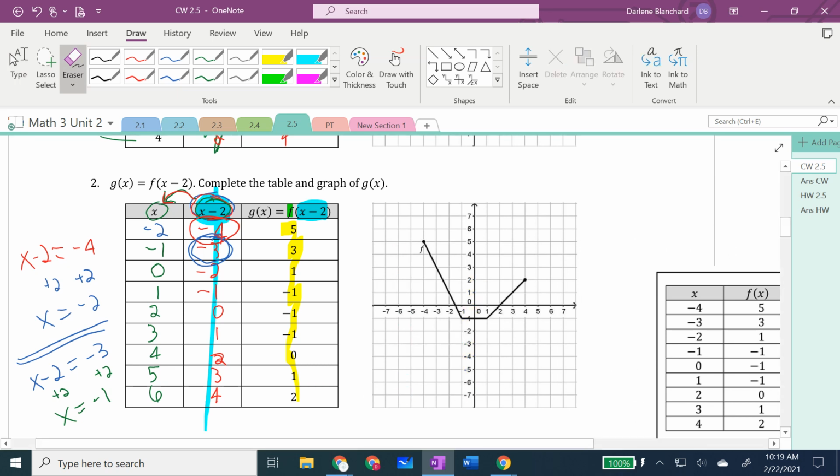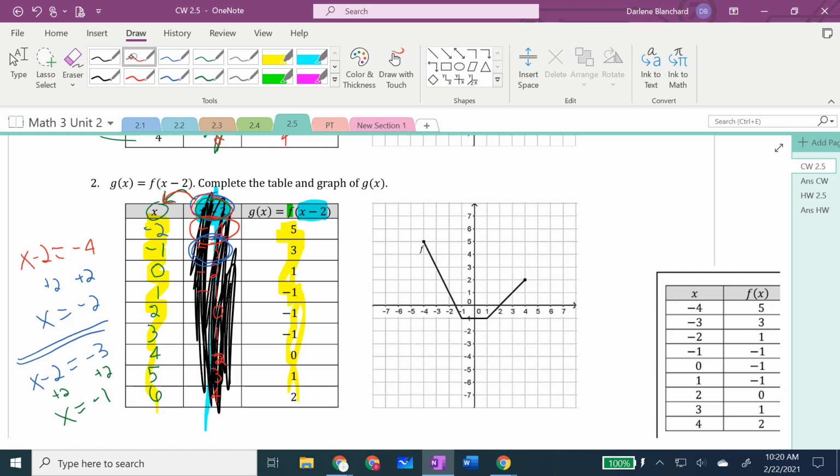And then I want to plot the x, g coordinates. If I'm going to graph g, then I want to, for these x's, plot these y's. And the only way I personally am not going to mess up is if I block out this column. And then I plot the points. Negative 2, 5.